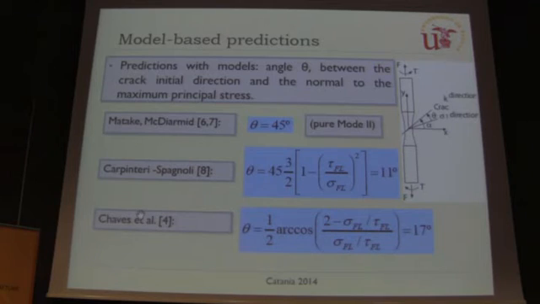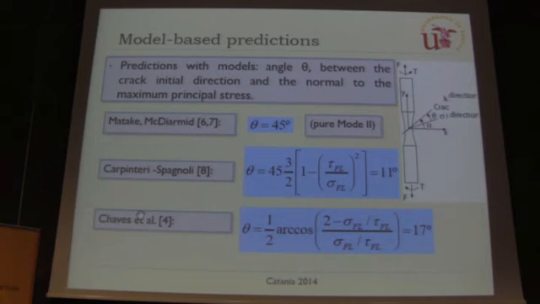We have decided as well to compare with models of crack direction in high cycle fatigue. For them, we use this theta angle, again relative to the first principal stress, but it's easy to calculate the relation between theta and alpha. We have chosen the Matake and Marigarian model, which says that the angle will be theta equal to 45, which is a shear model, pure mode 2.